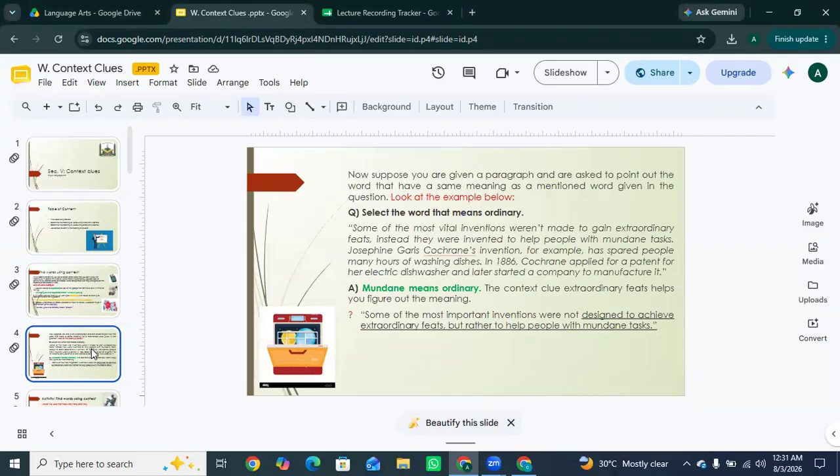The next one: now suppose you are given a paragraph and are asked to point out the word that has the same meaning as the word mentioned in the question. Look at the example below. Select the word that means ordinary.